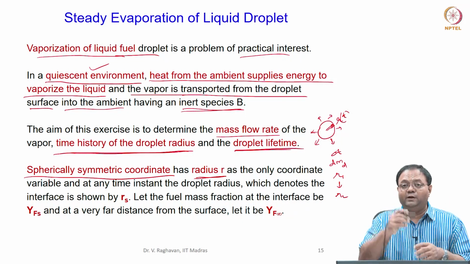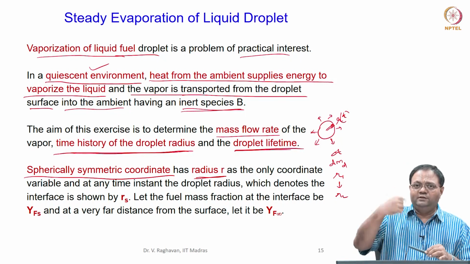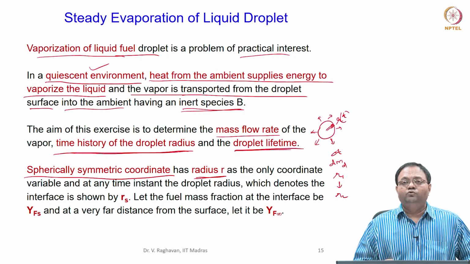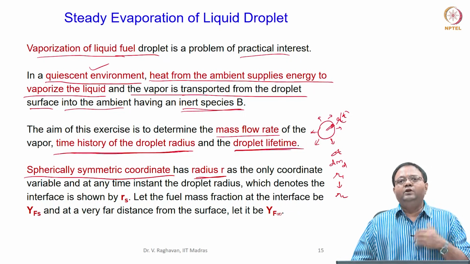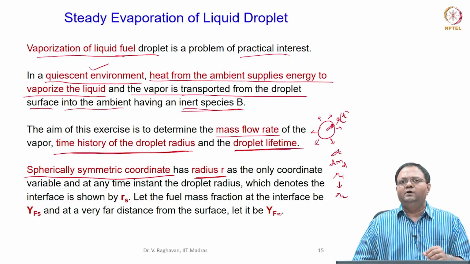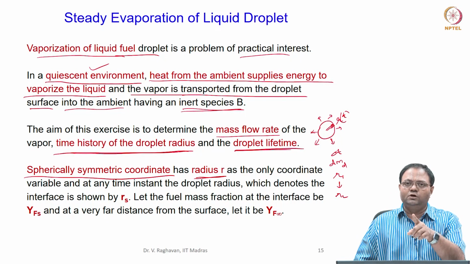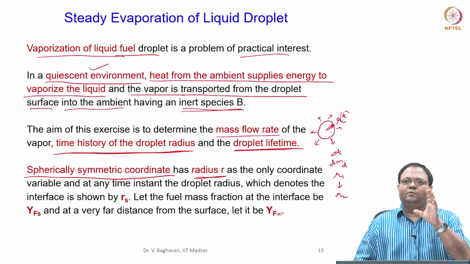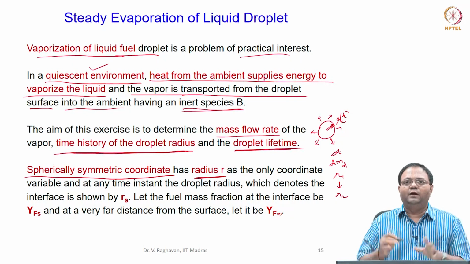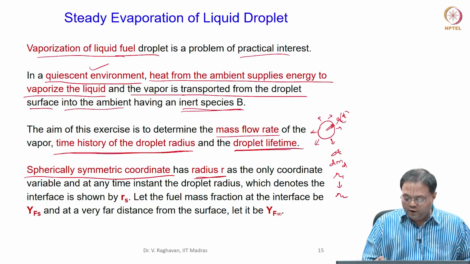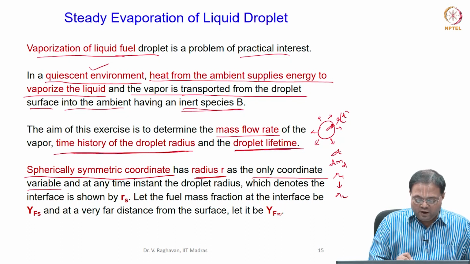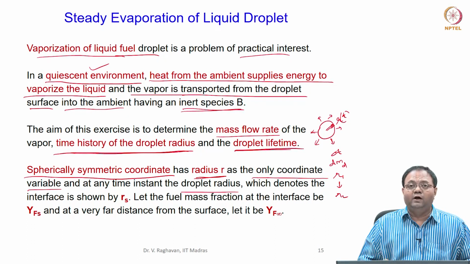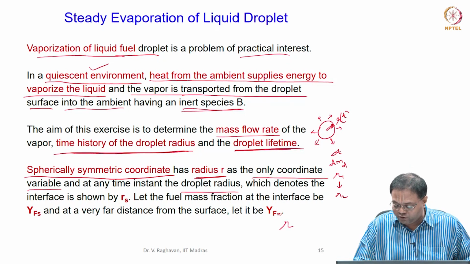In spherical coordinates, there are radius, theta and phi, two angles and one radius, these being the 3 coordinates, and we need not worry about the other 2 coordinates, because at any radial direction, at any particular time, some mass has come out, and we can just integrate this over the entire droplet surface. So, the only coordinate we consider is the radius, and at any time instant what the radius value is, that is r as a function of time.